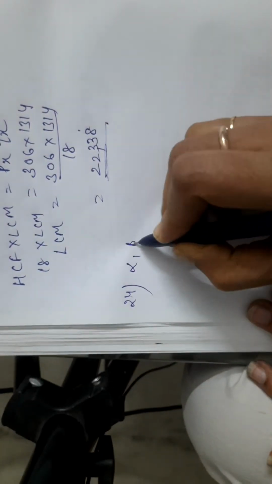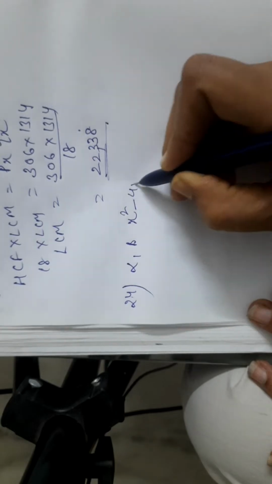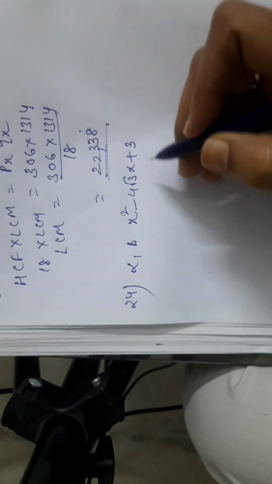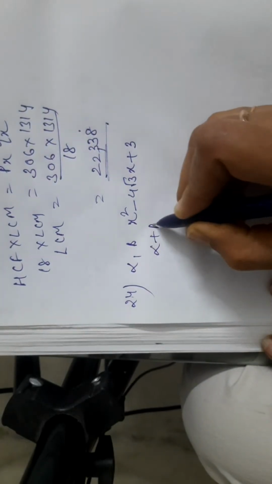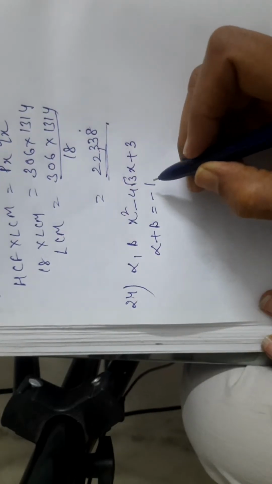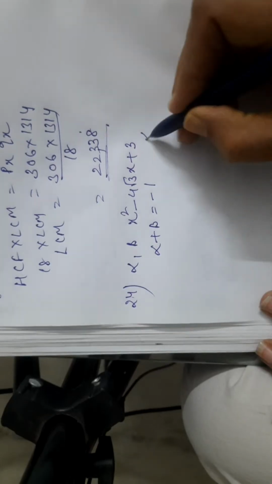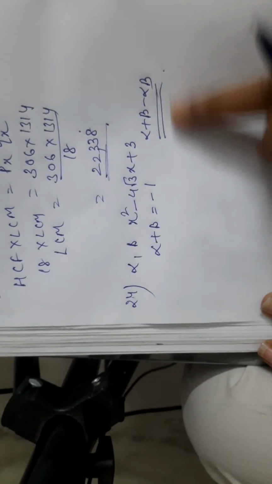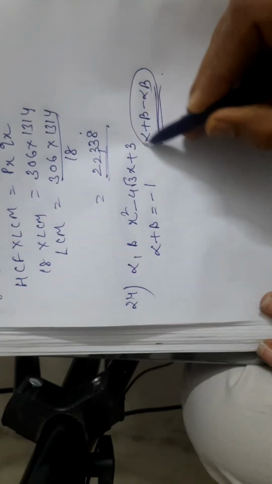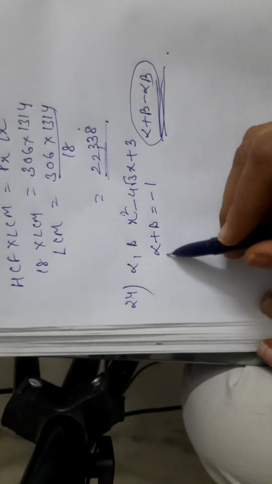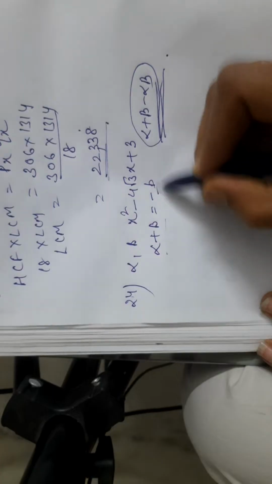Alpha and beta are the zeros of the polynomial x square minus 4 root 3 x plus 3. You need to calculate the value of alpha plus beta minus alpha beta. So first calculate alpha plus beta, which is minus b by a.